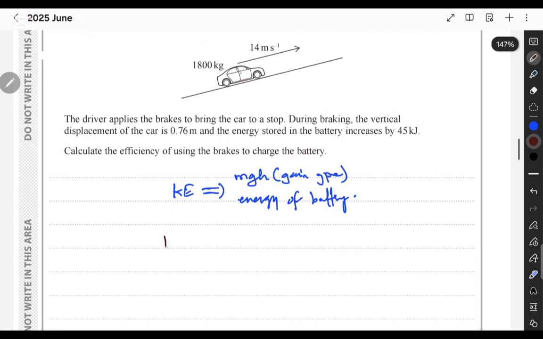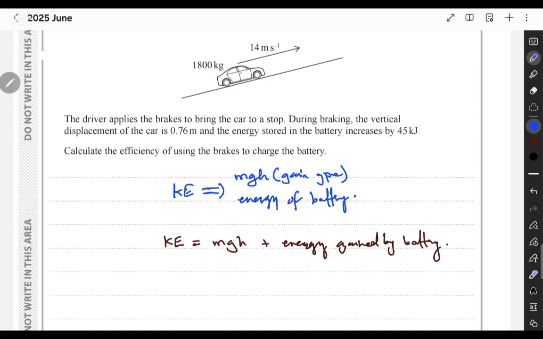So I can say that the KE is equal to MGH plus the energy gained by battery. And if I want to be a bit more specific, I'm going to write the loss of KE and the gain in MGH.